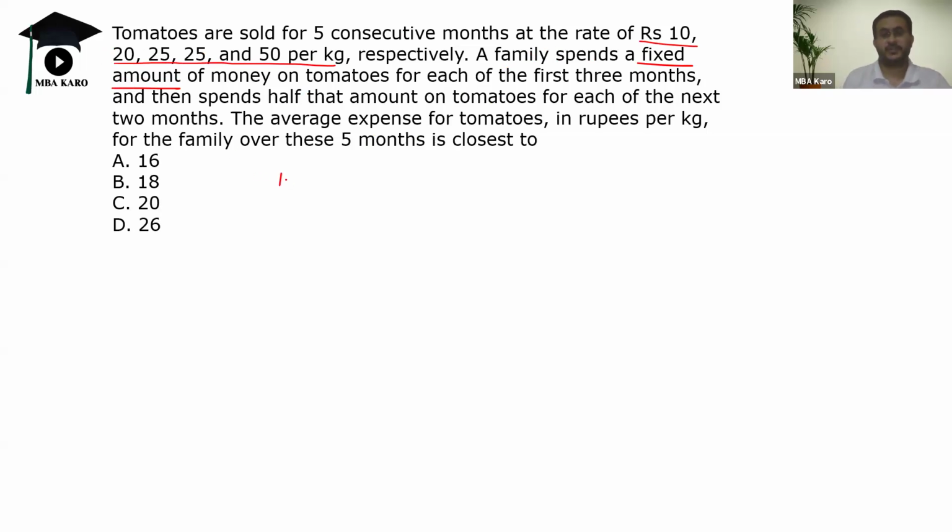So let us say that the amount is equal to the LCM of these values: 10, 25, 25 is repeating so no need to write it again, and 50. You can take X also, but that will be calculation intensive. So we get 250 rupees. The LCM of 25 and 10 is 50, or if you take 250, that works.